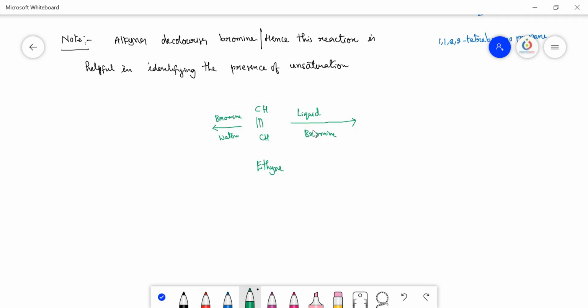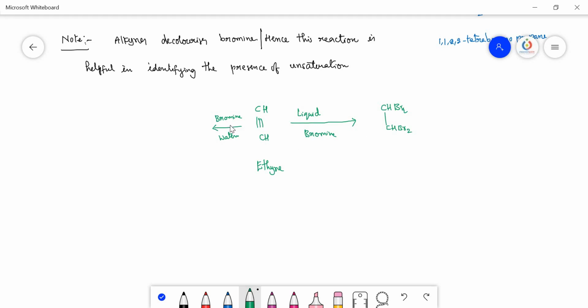When you take the pure liquid bromine, then all these bonds will be broken, and two bromine atoms will be added, so that we get CHBr2 single bond CHBr2. It is a tetra, meaning 1,1,2,2-tetrabromoethane or acetylene tetrabromide.